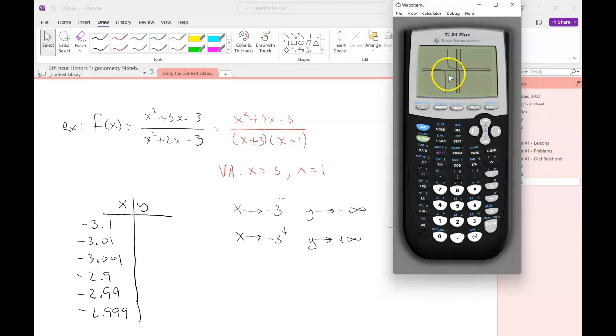Now, we see a vertical asymptote here at -3, and then another here at +1. We could make the same table at 1, right, by doing a little bit before 1 and a little bit after 1. Do you guys notice there's a horizontal asymptote here also? What does it appear that horizontal asymptote's at? Looks like 1, right?